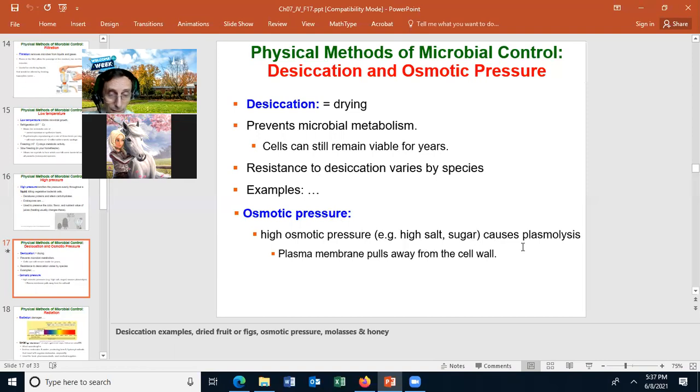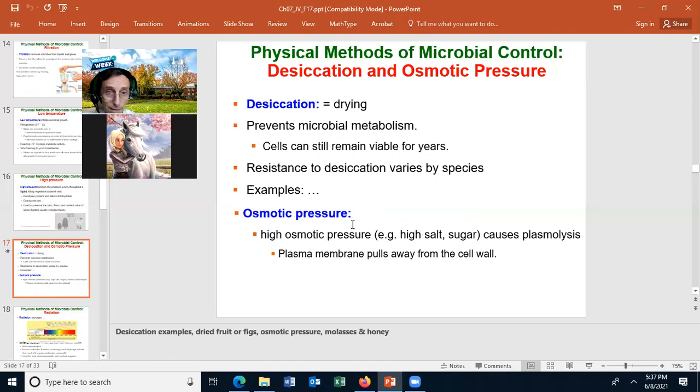And like I said, some cells die very easily under osmotic pressure, and that would be something like E. coli. Other cells like Staphylococcus aureus are much better at surviving desiccation and osmotic pressure.